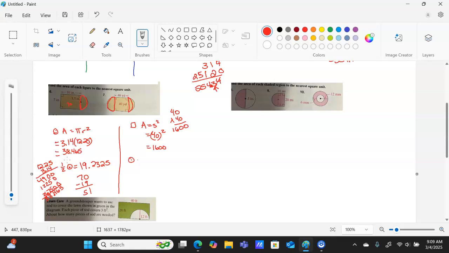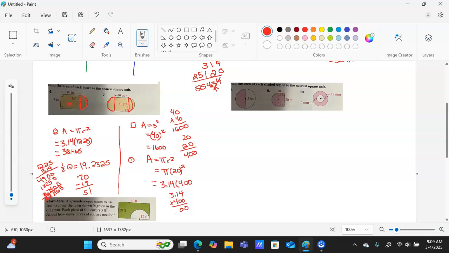And so the area of the circle is pi r squared. And r is not 40, it is 20. So 20 squared is 400. So I get 400, 3.14 times 400.